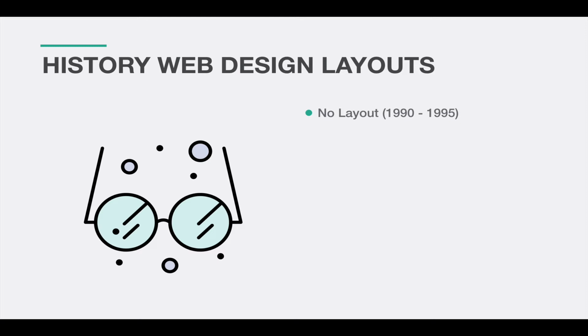So first off, the web, as we know it, HTML, was created in 1990. And it was created without any sort of layout or design in mind. It was just meant to be text with links, okay? And you could throw in an image if you wanted. So it really wasn't any layout for the first part of web design.